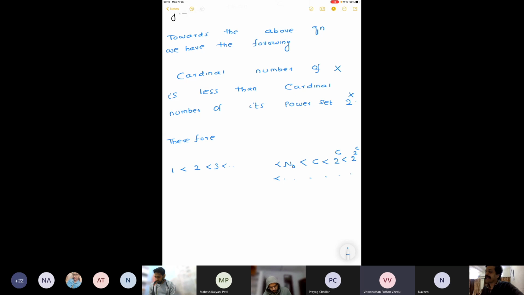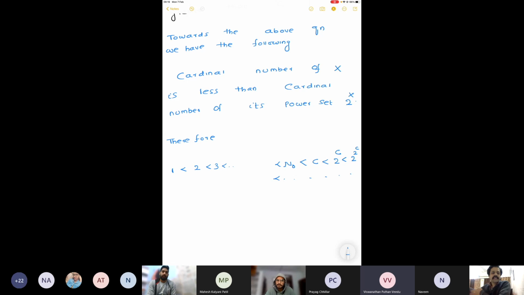Okay. And again, by extended continuum hypothesis, there is no cardinal number between C and 2 power C. After C, it is exactly 2 power C. There is no cardinal number. Again, that is continuum hypothesis. Okay. So this is the hierarchy of cardinal numbers. You have one kind of countable infinity, that is Aleph naught.